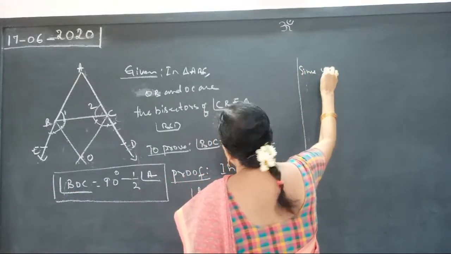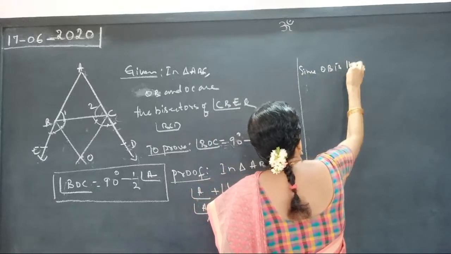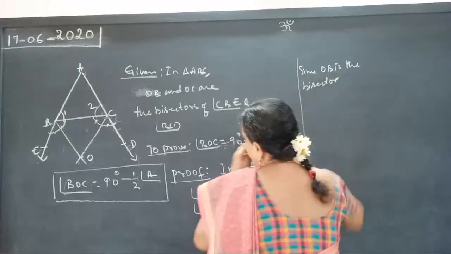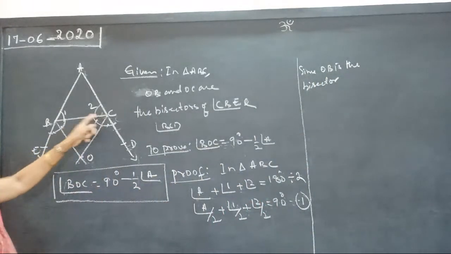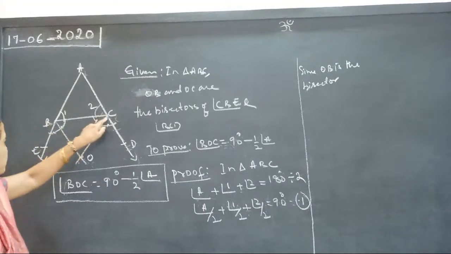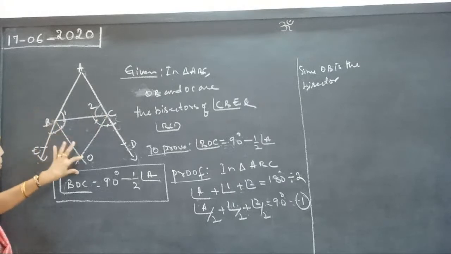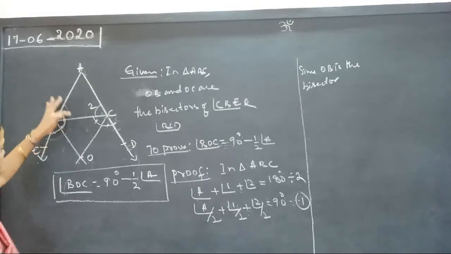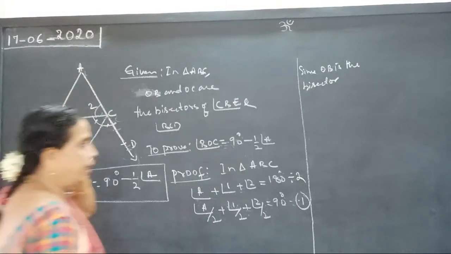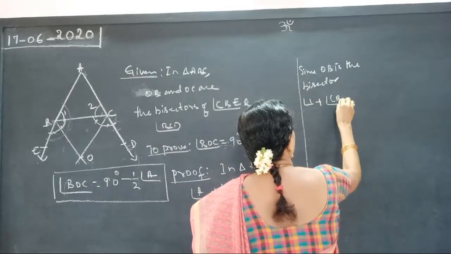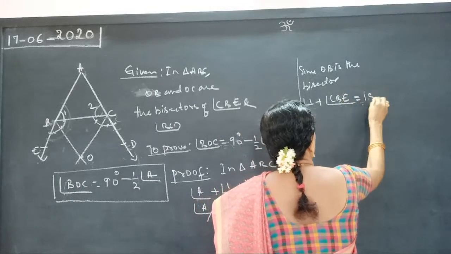Next, since OB is the bisector, half of this angle will be angle CBO. Here angle EBO and CBO are equal because OB is the bisector. But the total angle here is 180 degree. So we can take angle 1 plus angle CBE equals 180 degree.